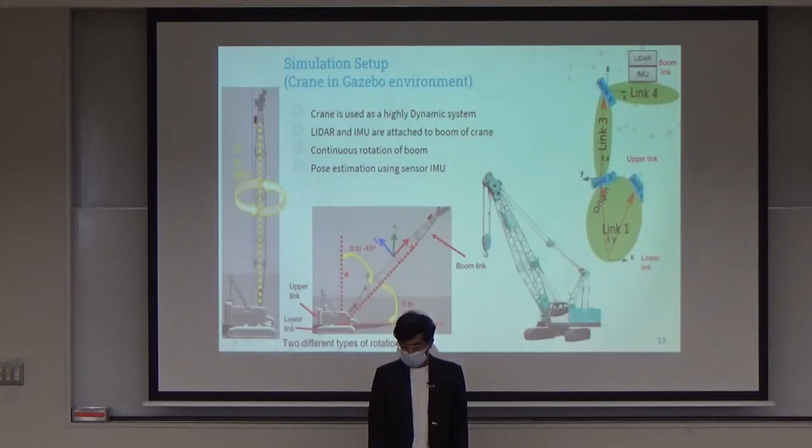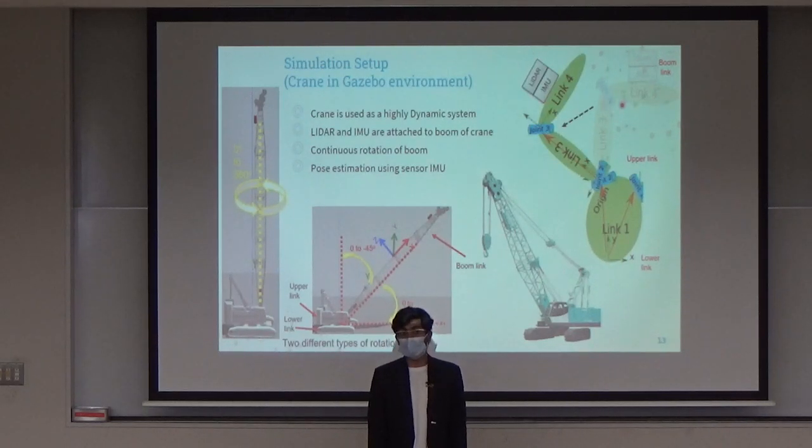In the simulation environment, we use a crane as a highly dynamic system, and we attach the LiDAR and IMU sensor to the boom of the crane. As we know, the boom of the crane is always in motion while it performs some task.